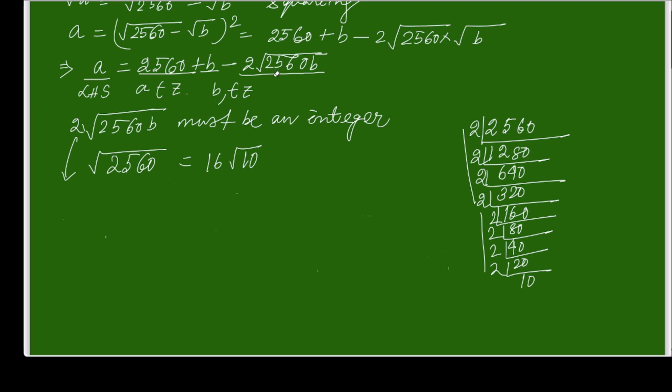So ultimately, we'll write that 2 multiplied by 16 root 10b must be an integer.